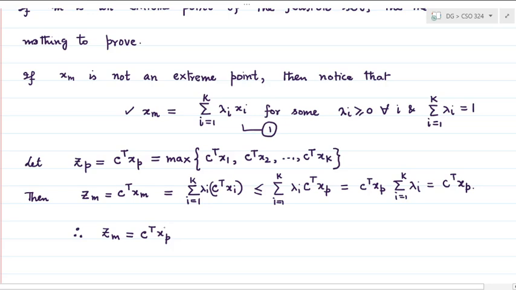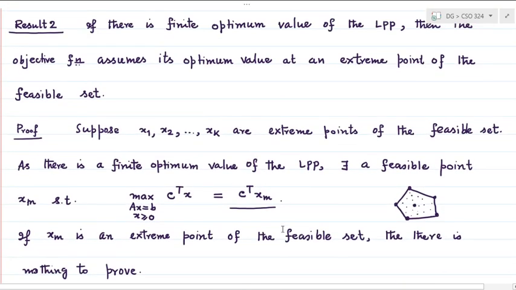It's not that xp is out of the extreme points x1, x2, xk, and hence Zm is assumed by xp. That is what I wanted to prove, that the objective function value assumes its optimum value at an extreme point.